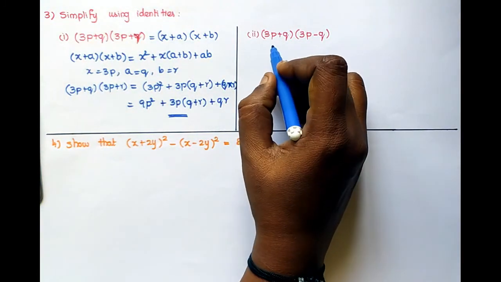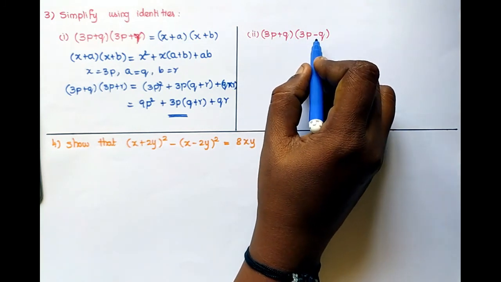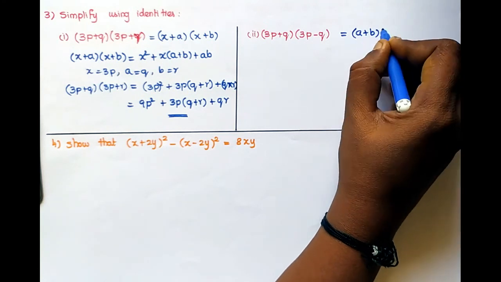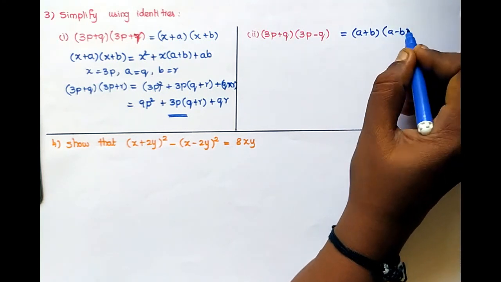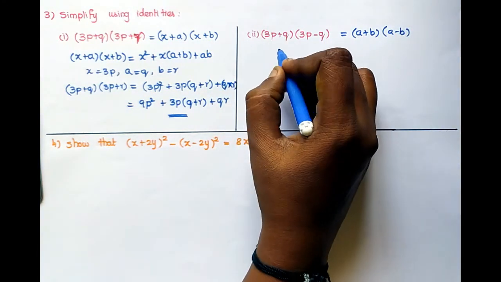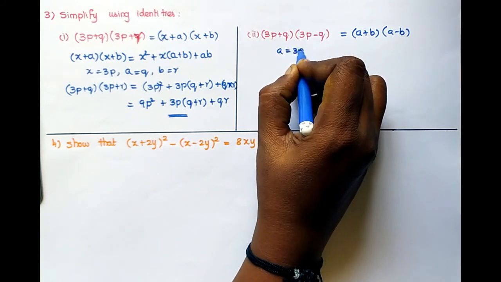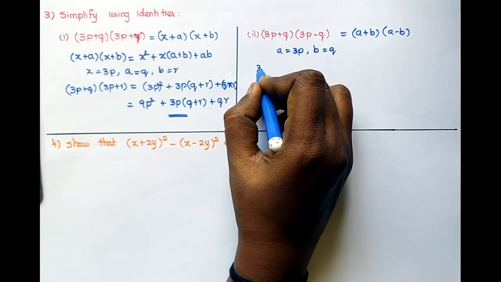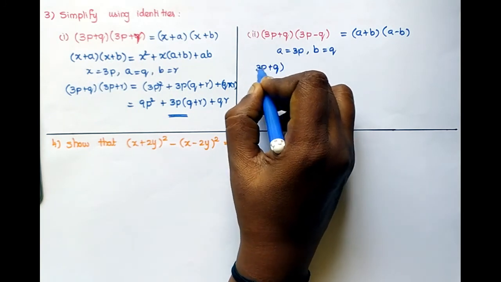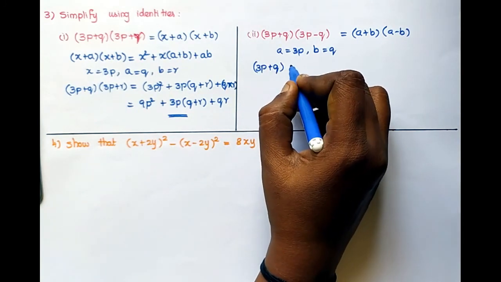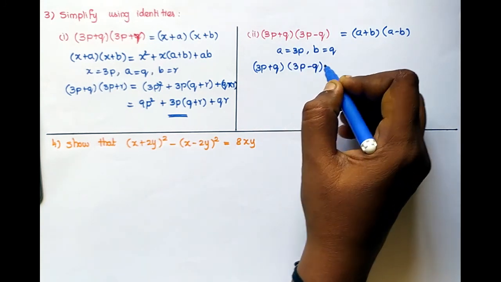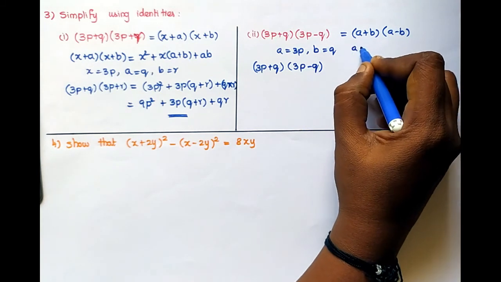Next one, 3p plus q into 3p minus q. It is in the format a plus b into a minus b, right? Here a is 3p and b is q. What is the a plus b into a minus b formula?